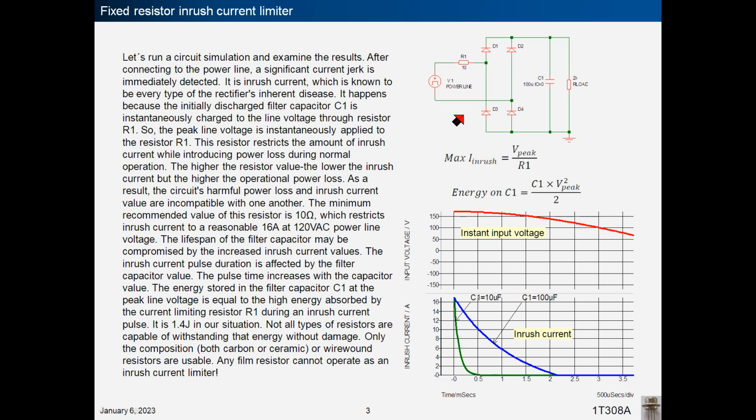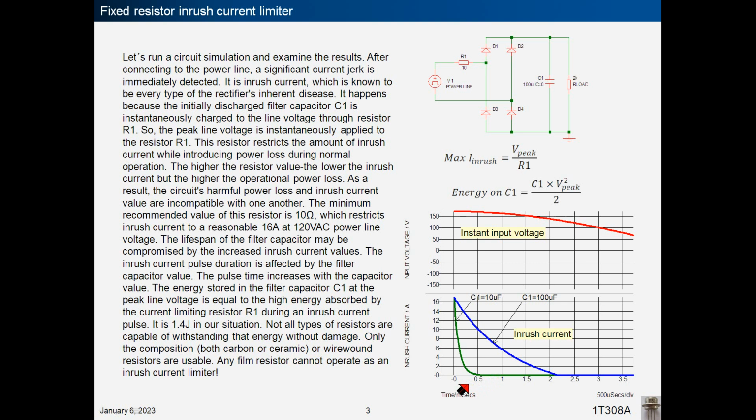Fixed resistor inrush current limiter. Let's run a circuit simulation and examine the results. After connecting to the power line, a significant current jerk is immediately detected. There is a very high current jerk right on connecting to the power line.